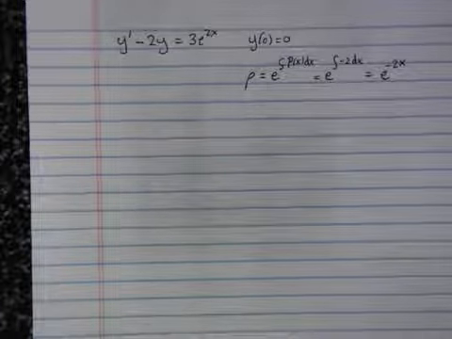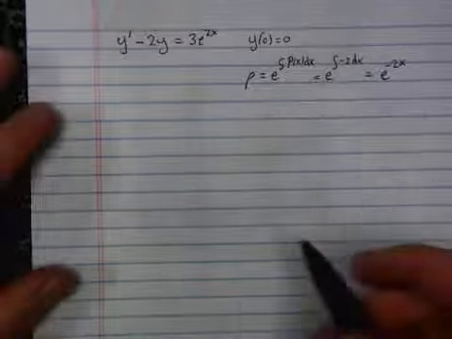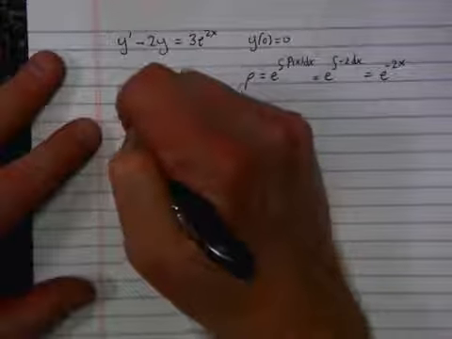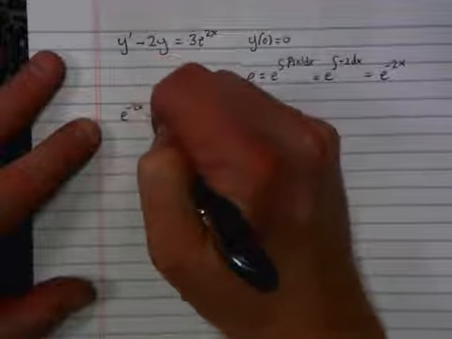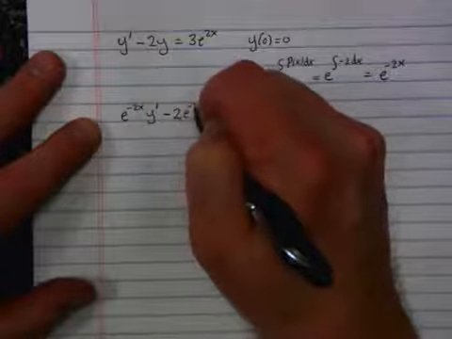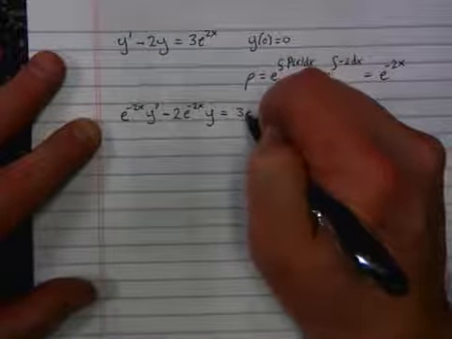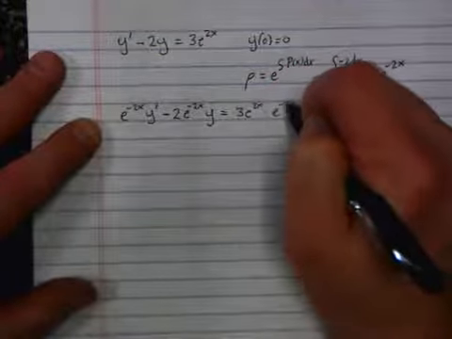e to the -2x. I'm going to take that e to the -2x and multiply it through the whole equation. So I'm going to have e to the -2x y prime minus 2e to the -2x y equals 3e to the 2x times e to the -2x.